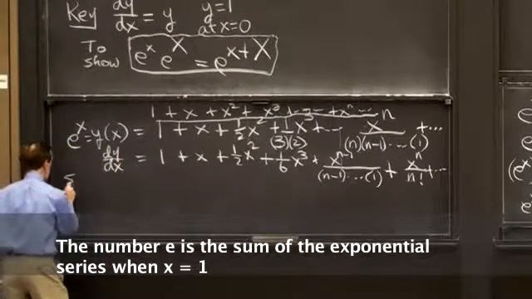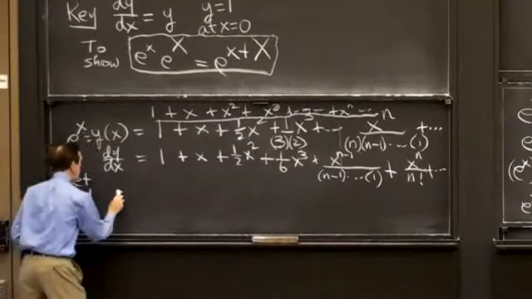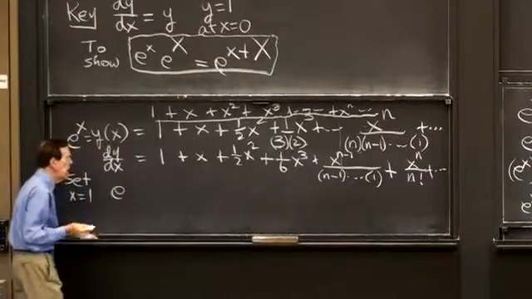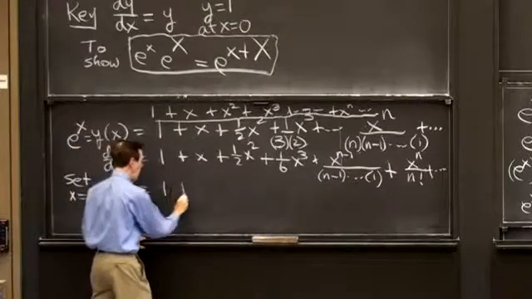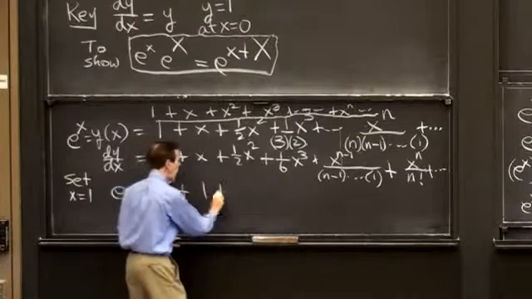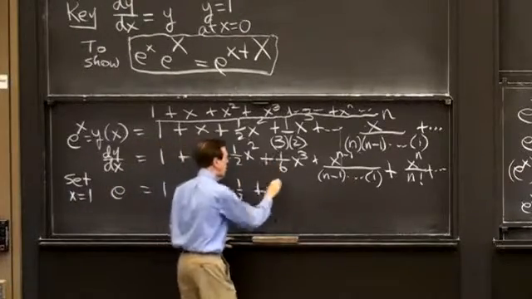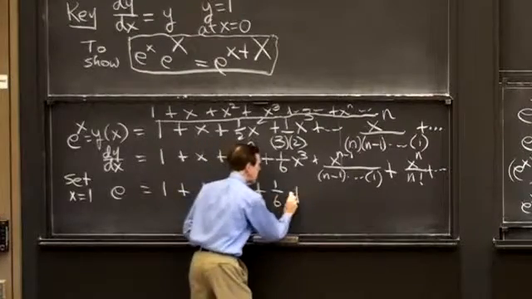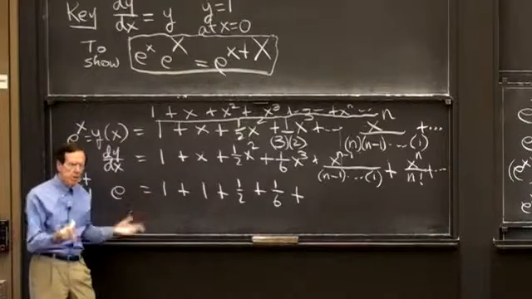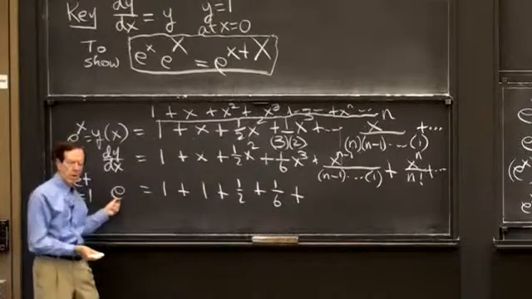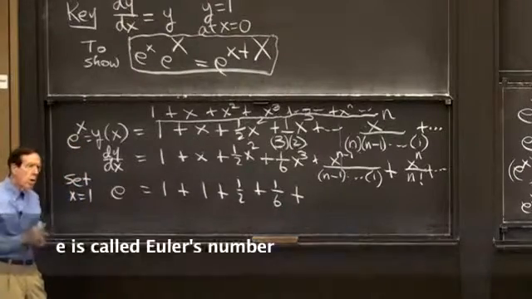Set x equal 1, and you learn that e to the first power, which is e, is, can I just put it in? 1 plus, x is 1, plus 1/2 of 1 squared plus 1/6 of 1 cubed. What's the next term in this? So these are numbers now, and I'm getting a number. I'm getting this incredible number e, named after Euler.